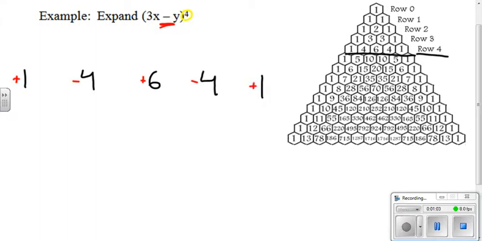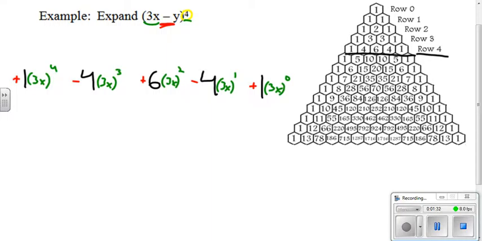Now this is where things get a little tricky. Remember, we look at our first term, so this 3x, and we go in descending order, so starting with that to the 4th power and going down. But it's the whole term, so it's not just x, it's 3x to the 4th, in this case 3x to the 3rd, in this case 3x squared, 3x to the 1, and 3x to the 0th power.